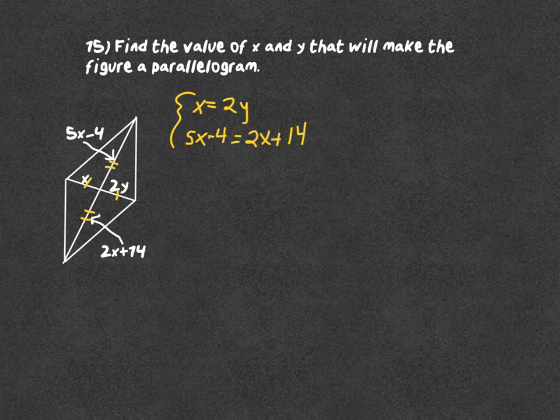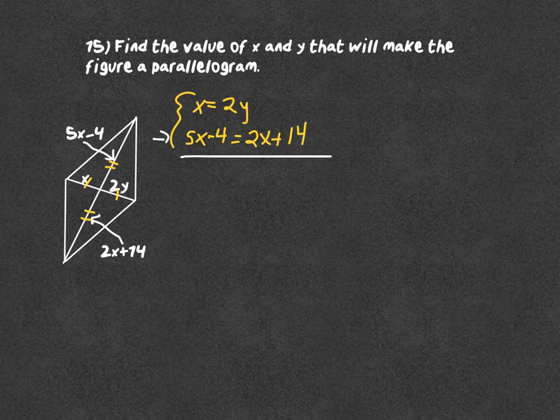Now, at this stage, we could do a substitution and substitute in the y and then solve for the y. But since there are no y's in this second equation, we could just go ahead and solve for x right away and then substitute in and solve for y. So that's what I'm going to do.